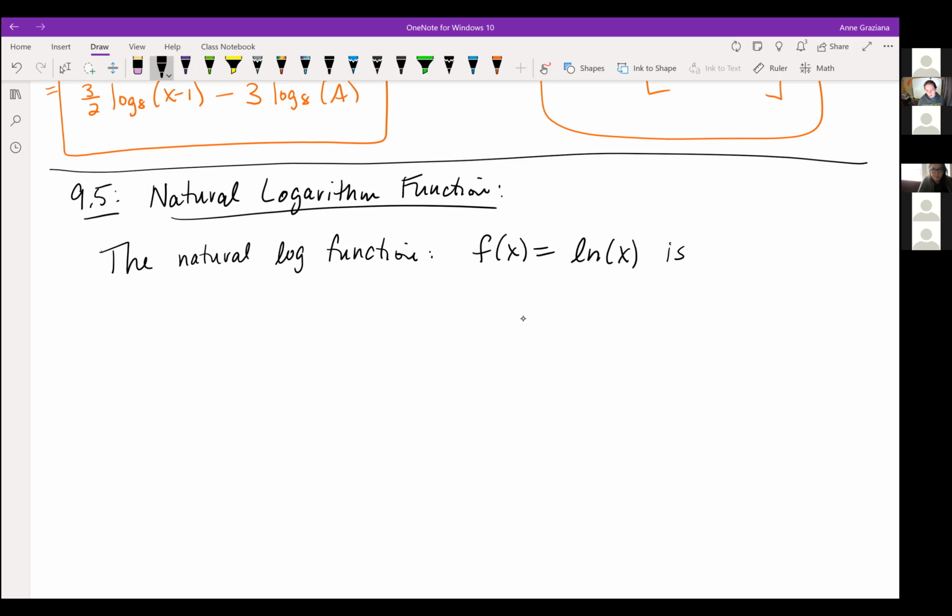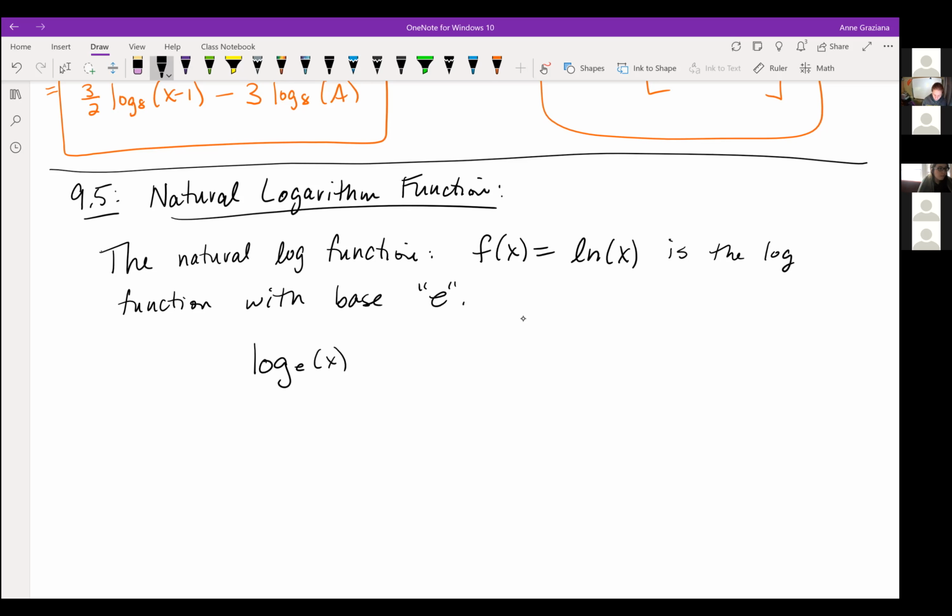The only thing that makes it special is that it's the log function with base e. If you have something like this, it's called log base e of x.